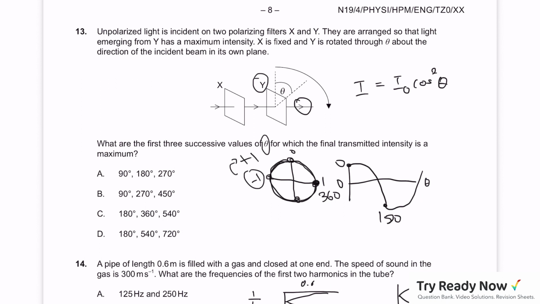So this means that we're looking for values of angles that are some sort of multiple of 180. So if we look at our options, only option C satisfies this condition, especially if they say successive. As you can see, we're adding 180 here and we're adding another 180 there. So for question 13, the answer is C.